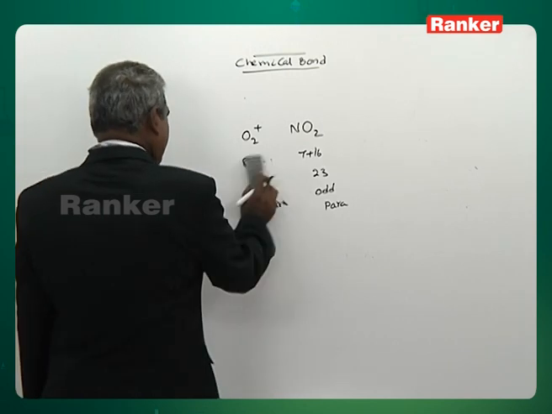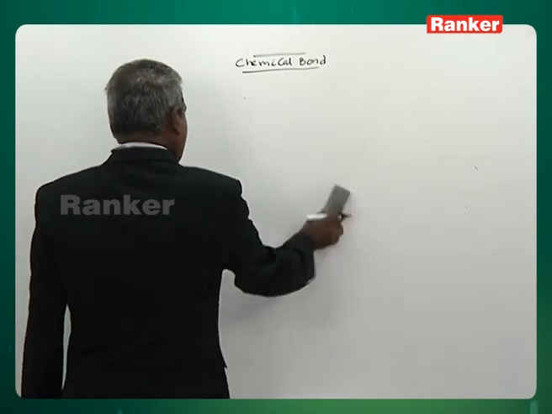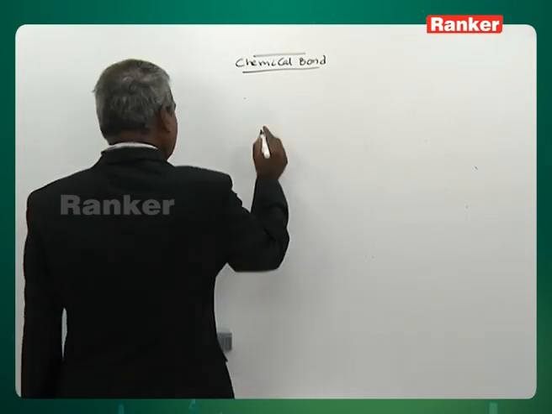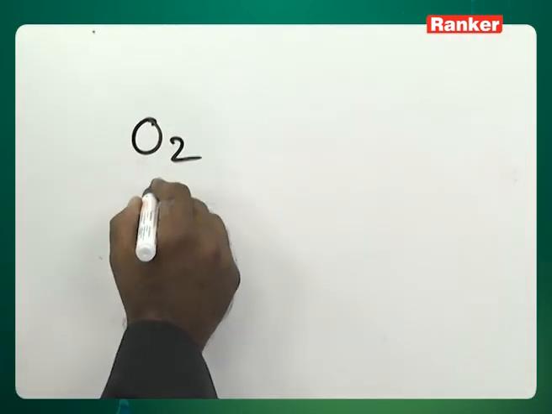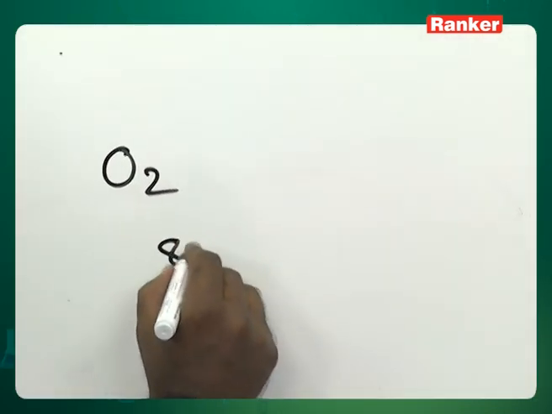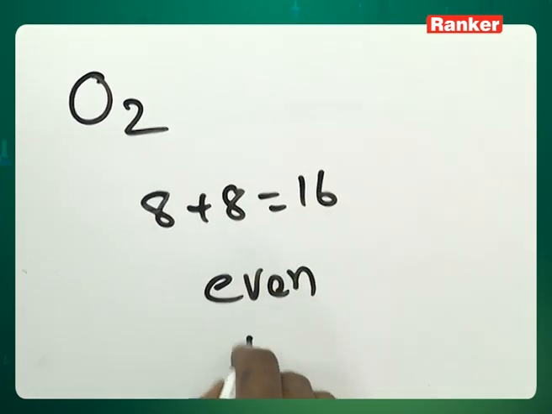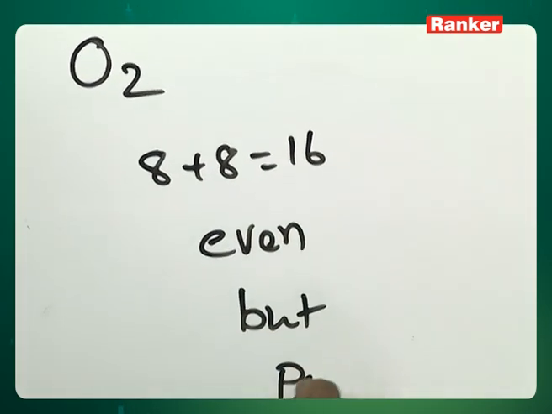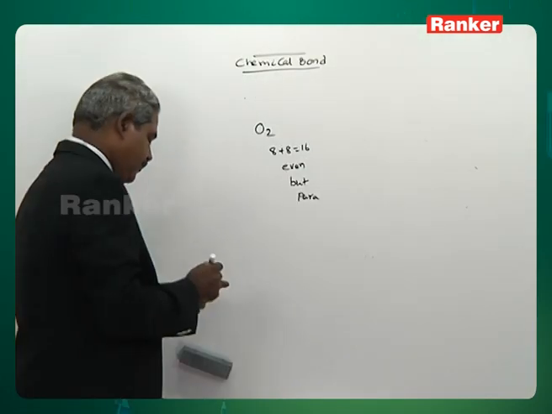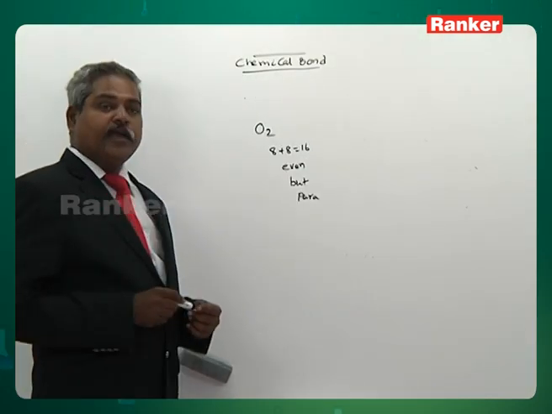Like that. But what about O2, B2, etc.? O2, B2, they are paramagnetic even though the total number of electrons, 8 plus 8, is 16, even. As an exception, even but para, you know the reason. The 15th and 16th electrons are unpaired electrons.